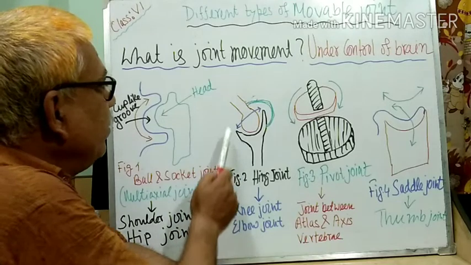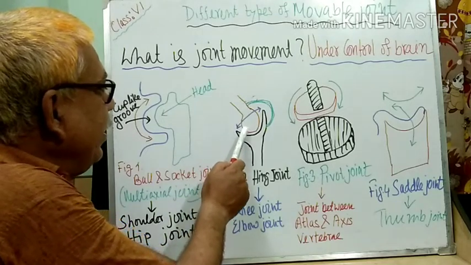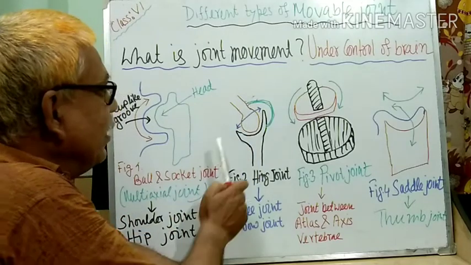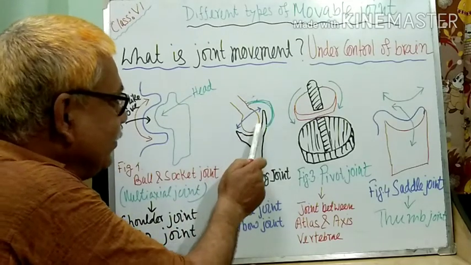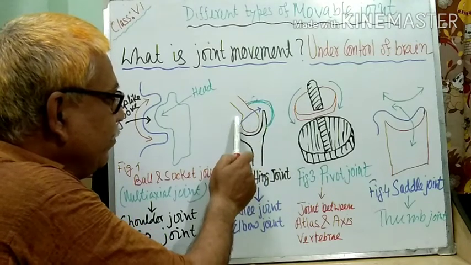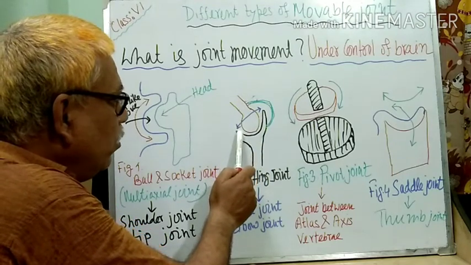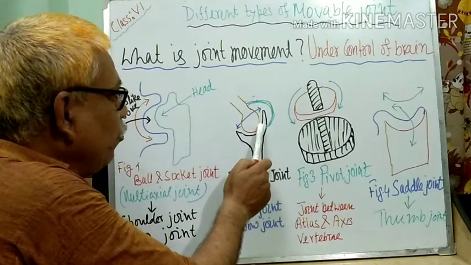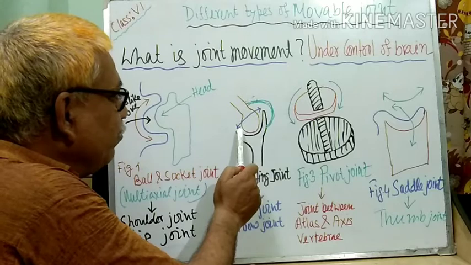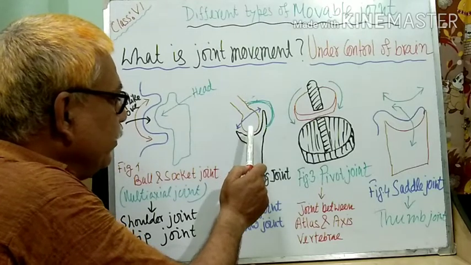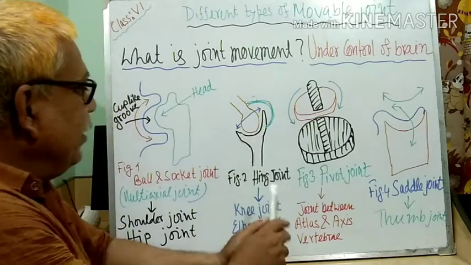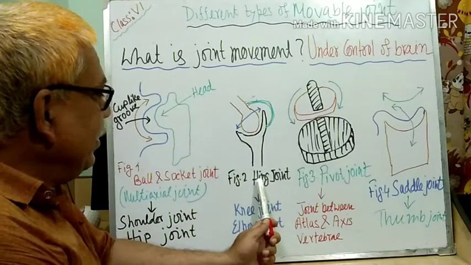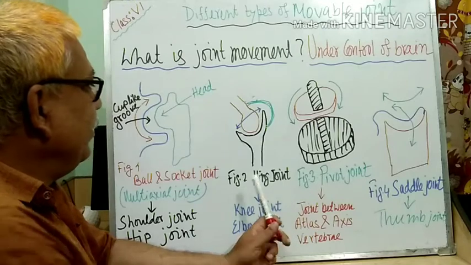See here, the rounded end of a bone rests on a concave groove of another bone. This type of joint is called a hinge joint.